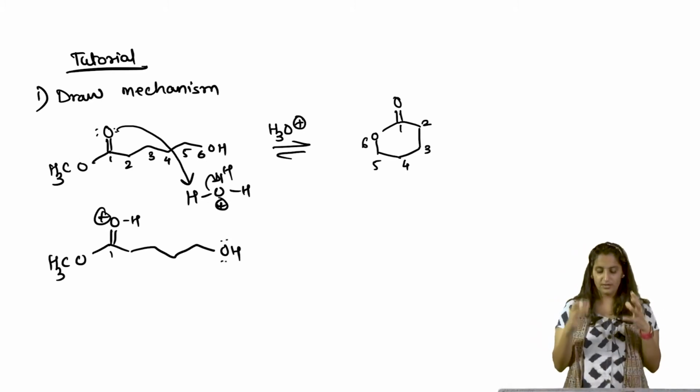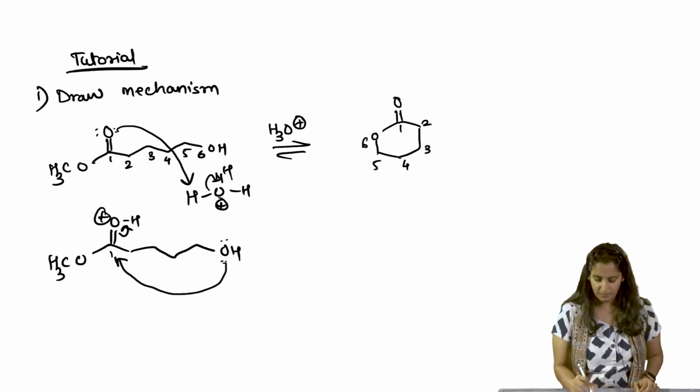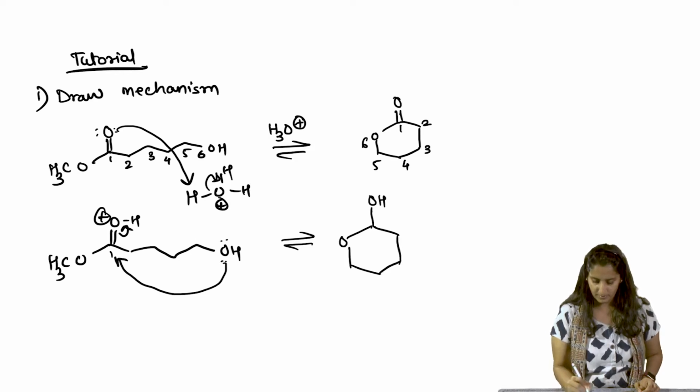So, when we have an electrophilic center like that, the oxygen is going to come, attack here and open it up. What do we form here? We have this OH plus, and on this carbon we have the OCH3 which still has not left.